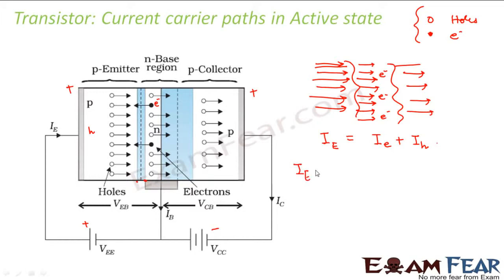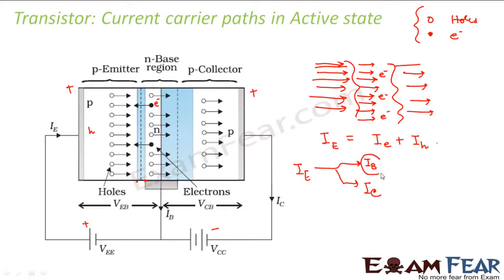Now, when this emitter current reached the base, some of it combined with a few electrons present in the base and the remaining went to the collector.